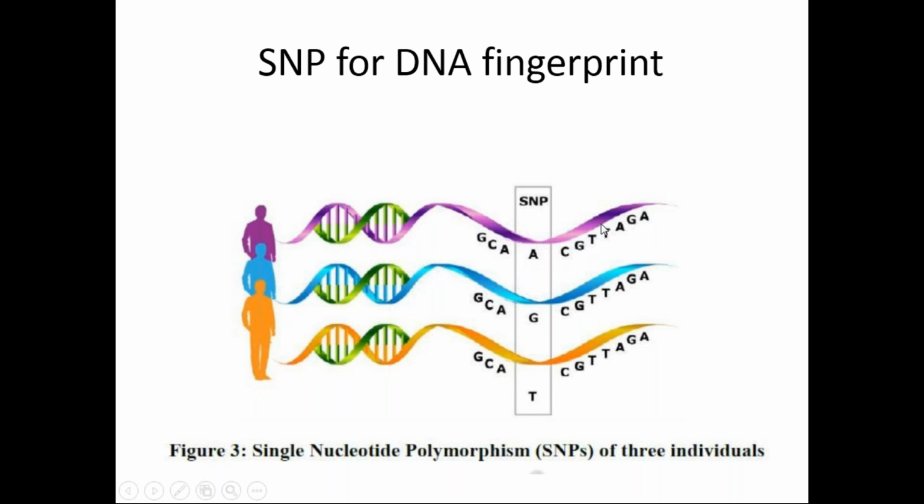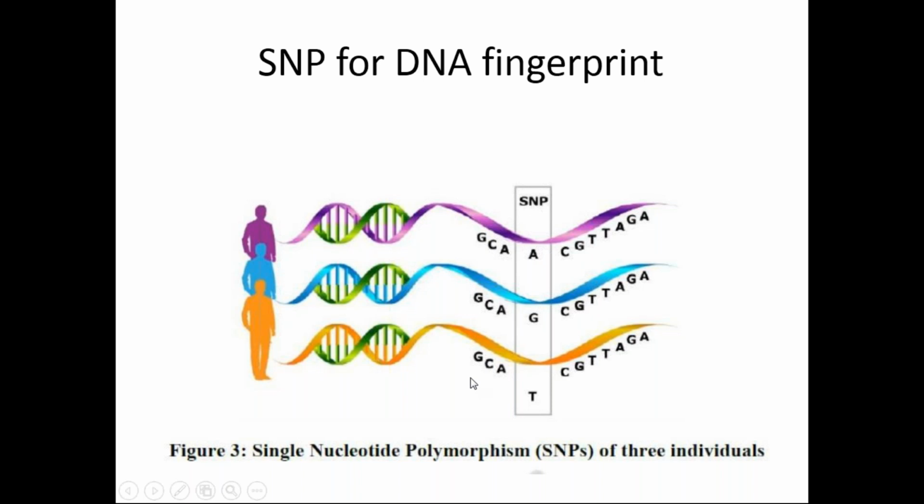The first sample differs from the other two samples because after 3 nucleotides there is a G here, and here after 3 nucleotides there is a T. The remaining sequence in all three samples is identical, but the fourth nucleotide is different. On the basis of such analysis, we can identify a particular individual.